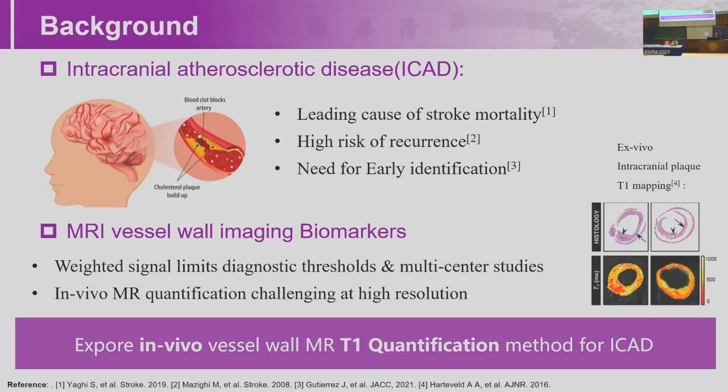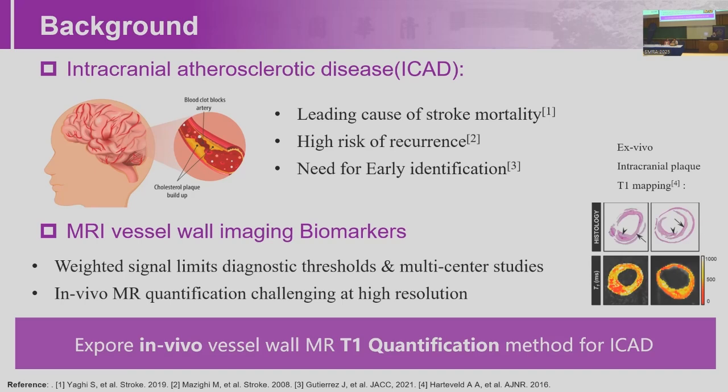However, the weighted signals limited the establishment of thresholds and limited multi-center studies. As we know, there is much research showing that T1 hyperintensity is related to stroke, but their reported ORs are very different.